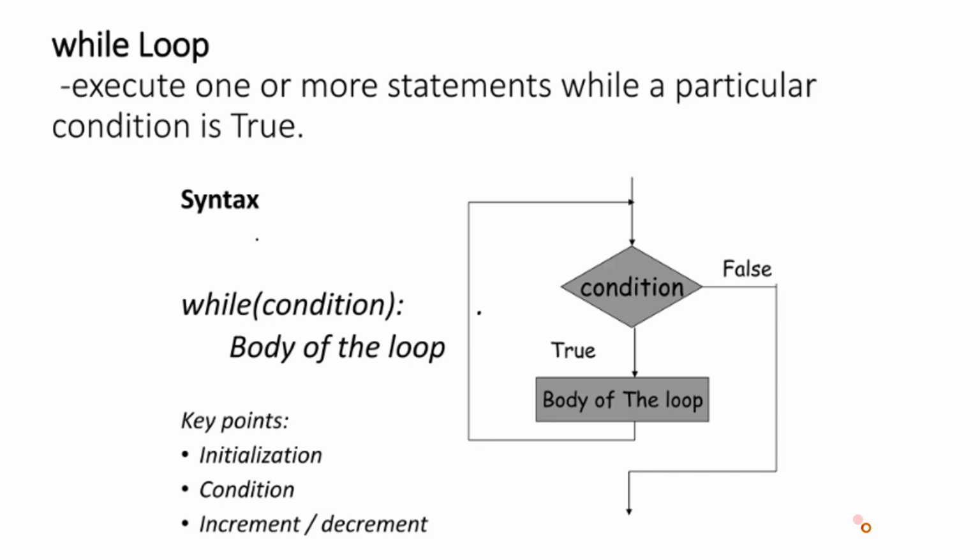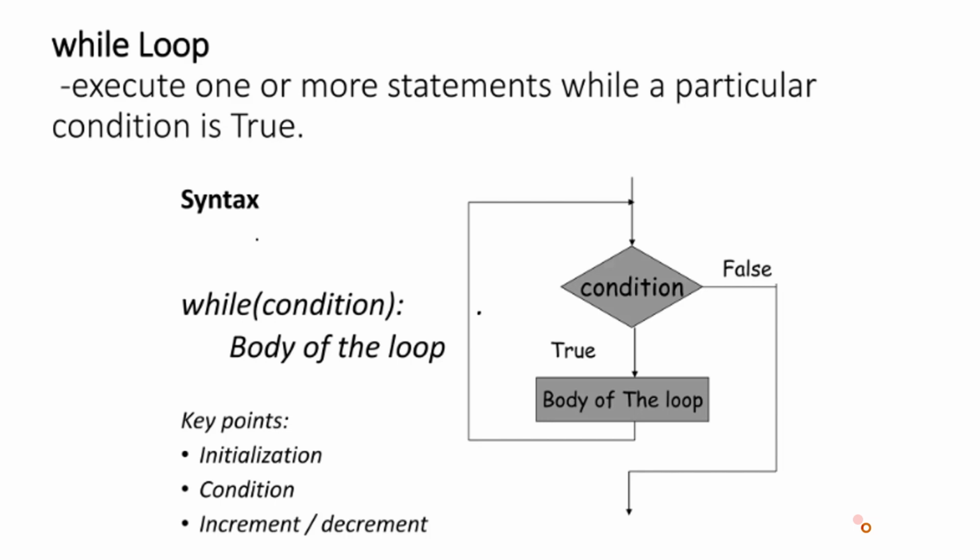But if someone asks you to print the values from 10 to 1, the initial value, that is the starting point, will be 10, because you have to start from 10 and end at 1. So the initial point will be 10 and the condition will be 1.